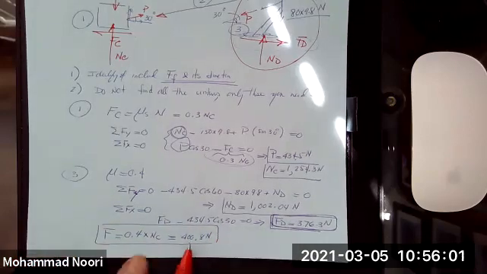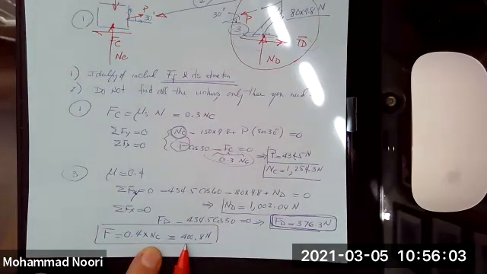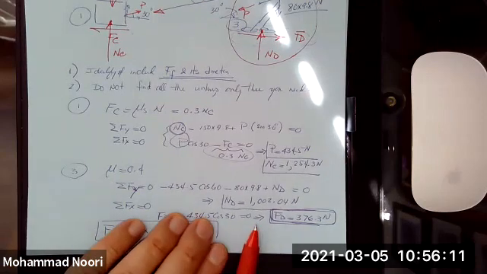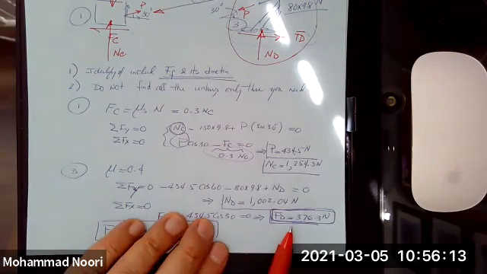So the shoes generate friction forces of 400. For equilibrium, all you need to keep this guy in place is a force of 376.